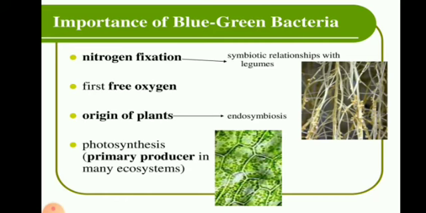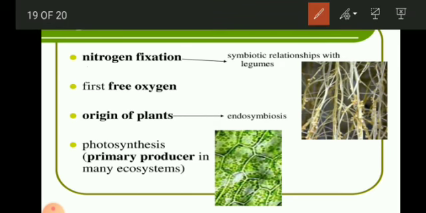If we talk about its importance, it is very important in nitrogen fixation, because this is a symbiotic bacterium, having a relationship with legumes, so it fixes nitrogen very well. And in Pakistan, it is grown on a large scale for the purpose of nitrogen fixation.